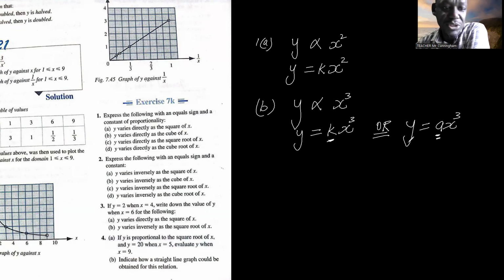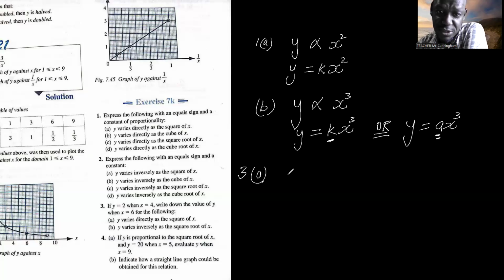Let's look at question 3, part A, and I want to ask somebody to read question 3, part A, please. Kylan, you want to read first? Sure, sir. If y equals 2 when x equals 4, hold on, let me write that down.